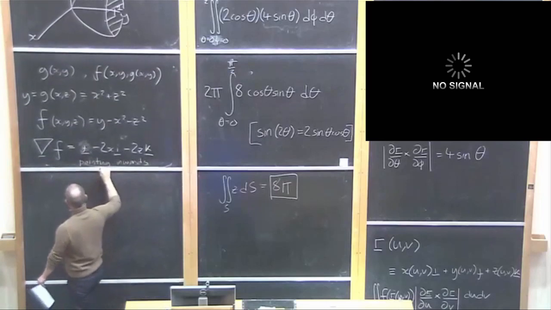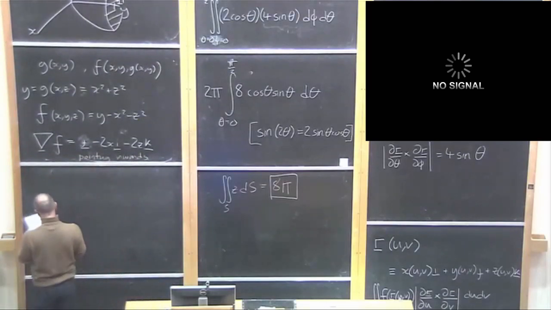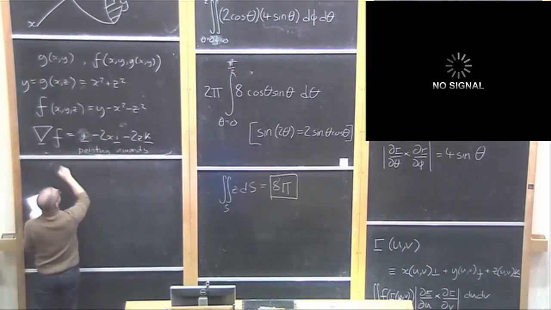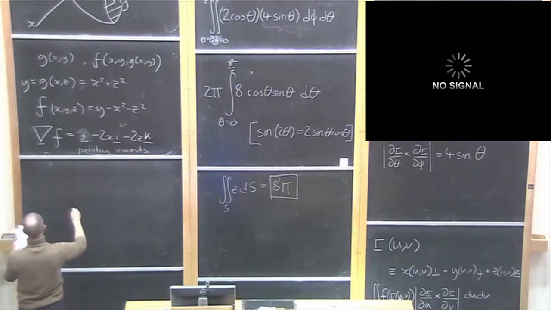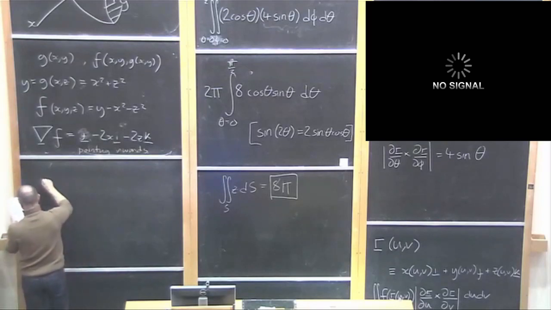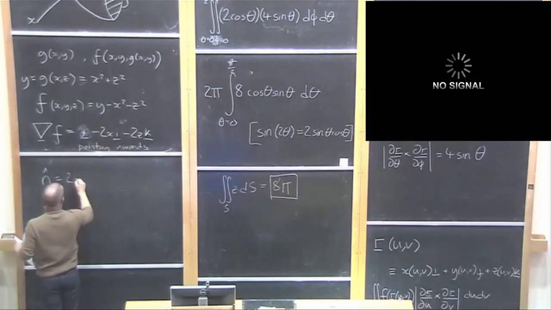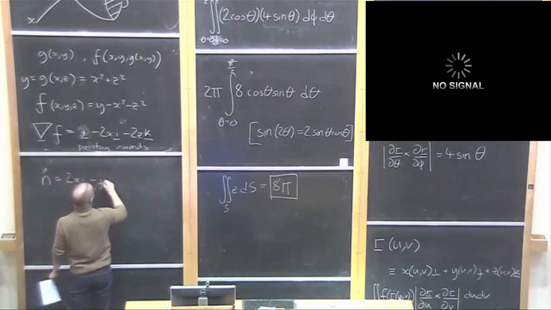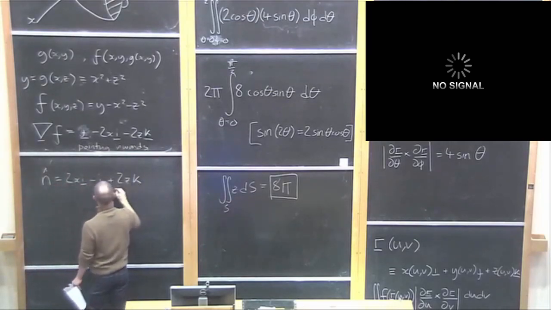So what we need to do is flip the sign of each of the terms of our vector to make it point outwards. So we end up with our normal being 2xi minus j plus 2zk.